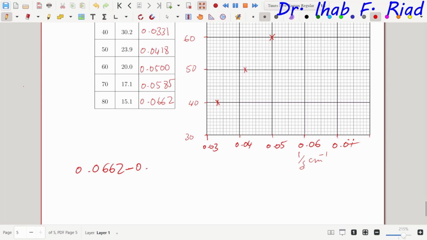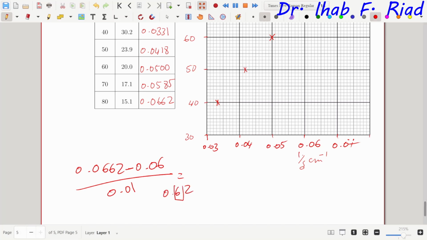It is 0.06. 0.0662 minus 0.06, divided by 0.01, is 0.62.